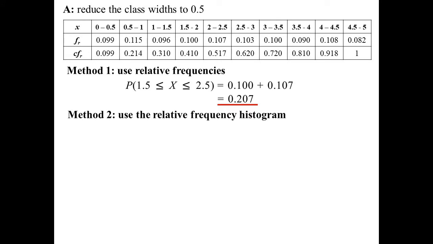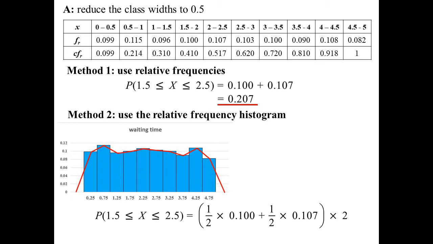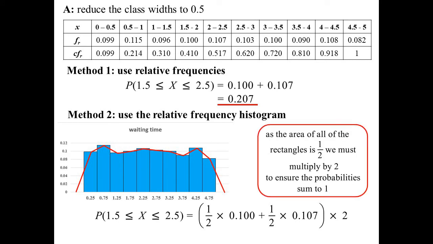If I use the histogram, note my rectangles are no longer width 1, so I've got to be careful here. This time I've got to multiply the whole thing by 2, because the width of the rectangles was a half and I need them to be 1 to come up with the probability. So I get a half times 0.1 plus a half times 0.107, all of that times 2. And again we get 0.207.